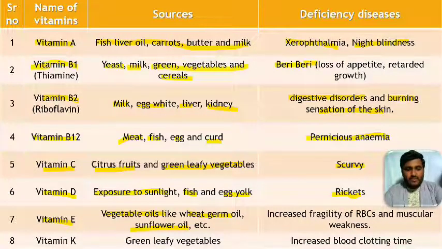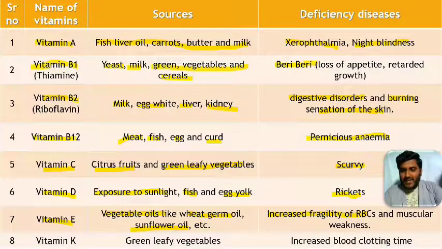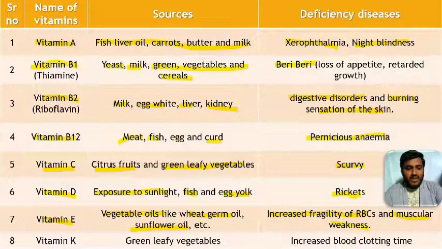These are the rich sources for vitamin E. Deficiency of vitamin E causes increased fragility of RBC and muscular weakness. This is very important: muscular weakness is caused due to the deficiency of vitamin E.